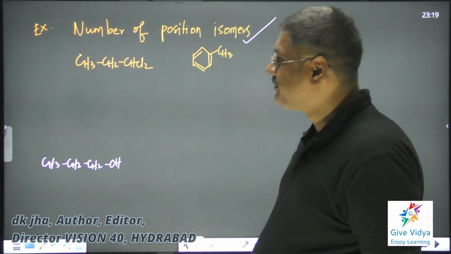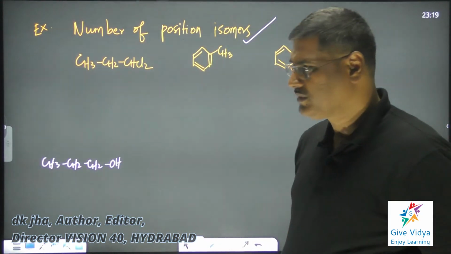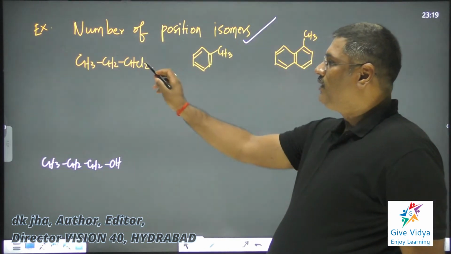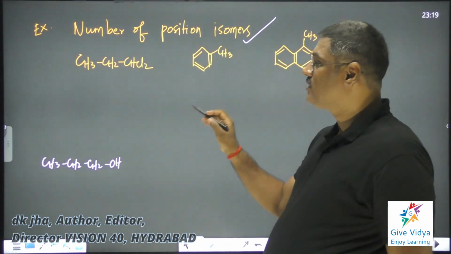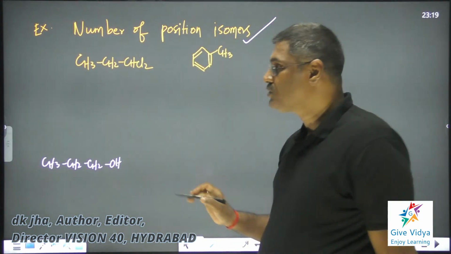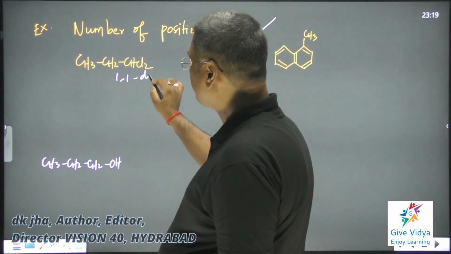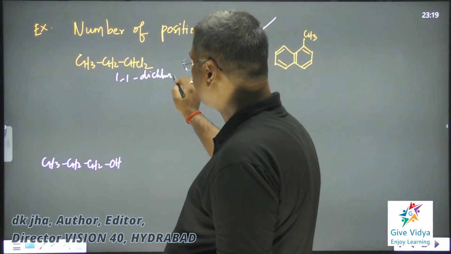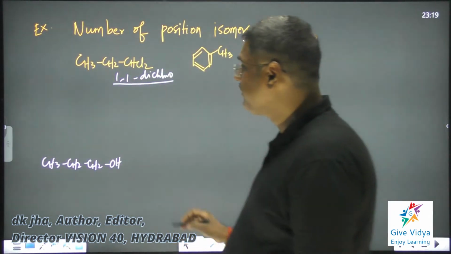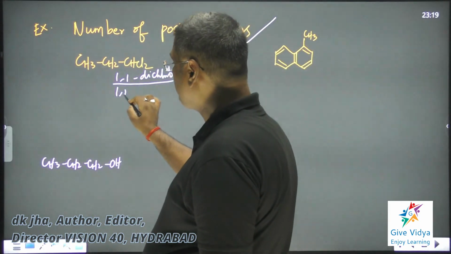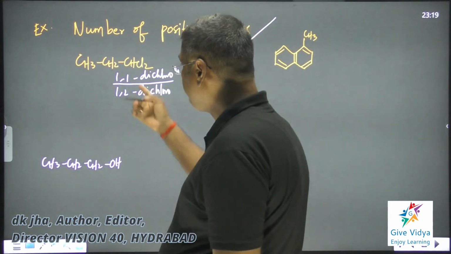In this case, what? CH3, CH2, CH. Very simple question. Here we have two chlorine atoms, CHCl2. So this is one dichloro. Position isomers? Yes, you can write 1, 2 dichloro. Good.